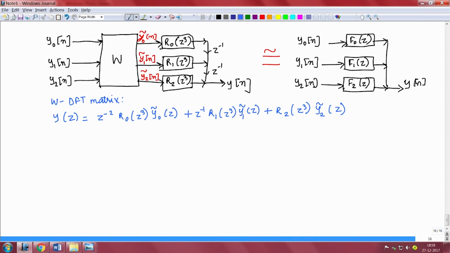So now we need to find out F0, F1 and F2. So let us first write down what F0, F1 and F2 are.